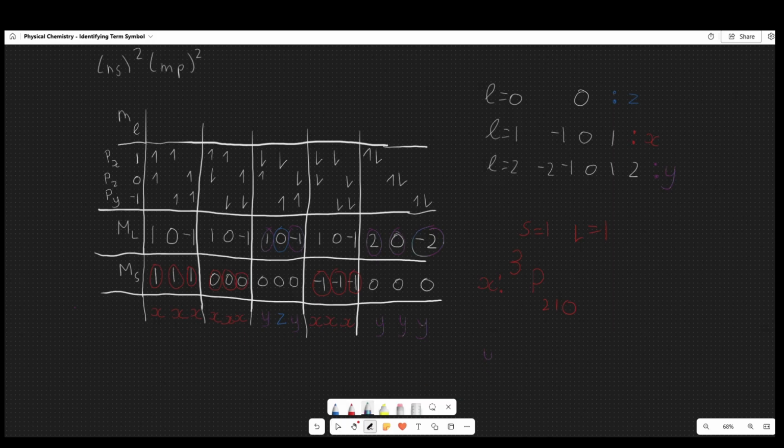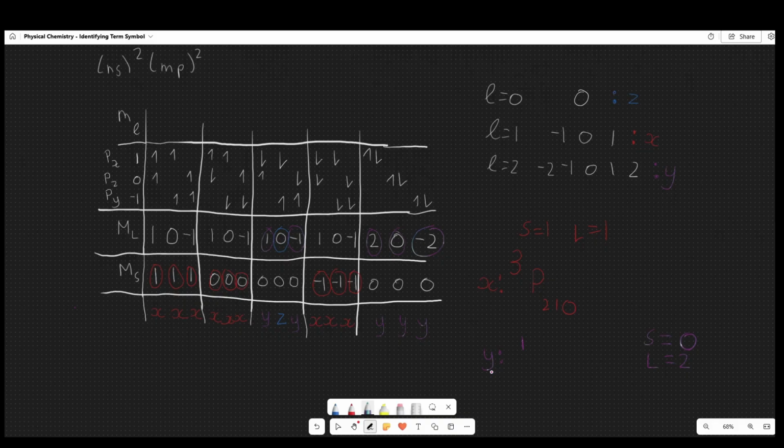Now let's move on to Y. How many copies of Y do we have? We only have 1 copy. So we write 1 in the superscript, and that means that S equals 0. And now we have L equals 2, because the Y pairing was this, and this is when L equals 2.